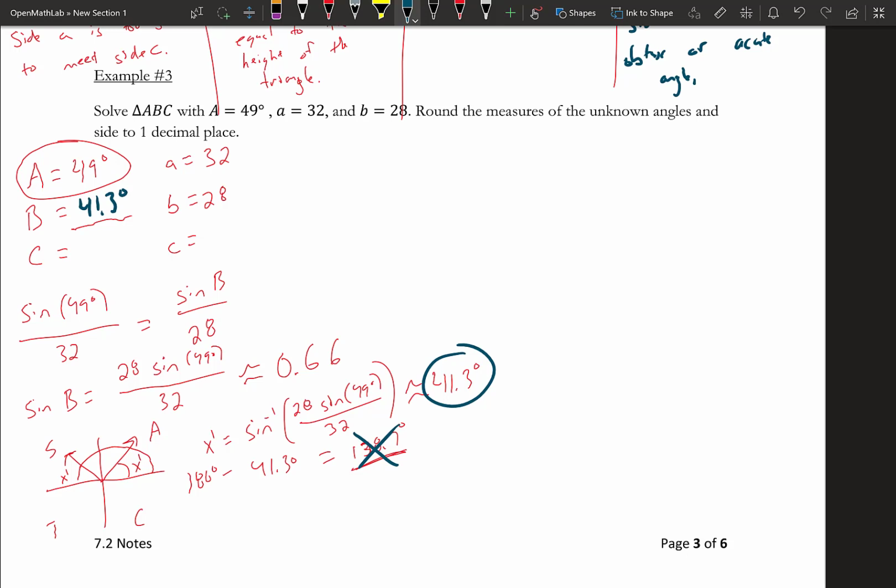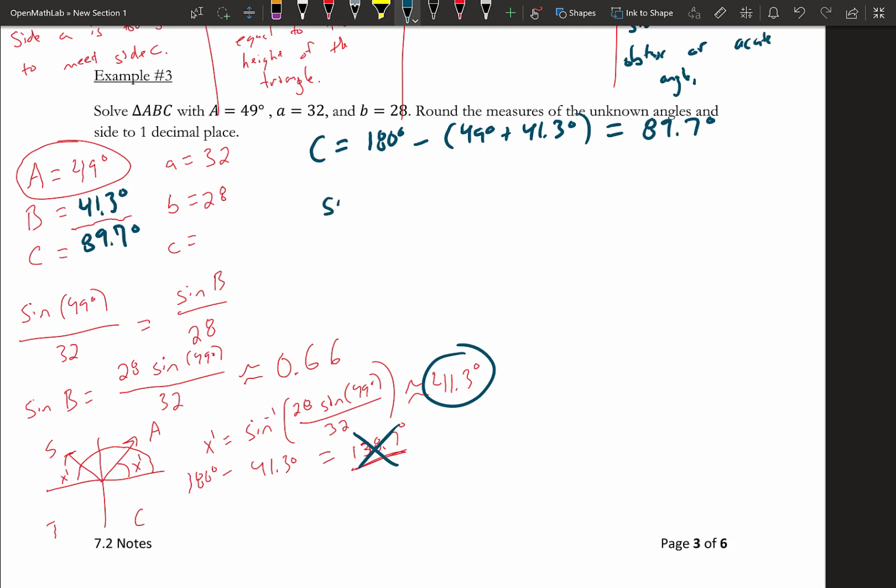So then I can find angle C now by taking 180 degrees minus the sum of the other two measurements. That gets me 89.7 degrees. And then now I can find C by using law of sines again.